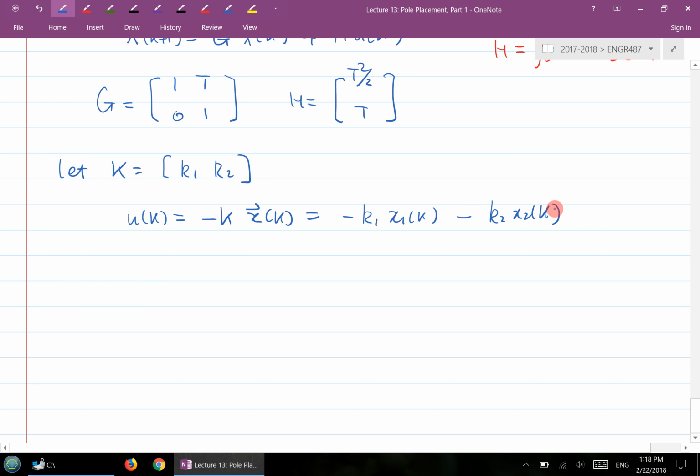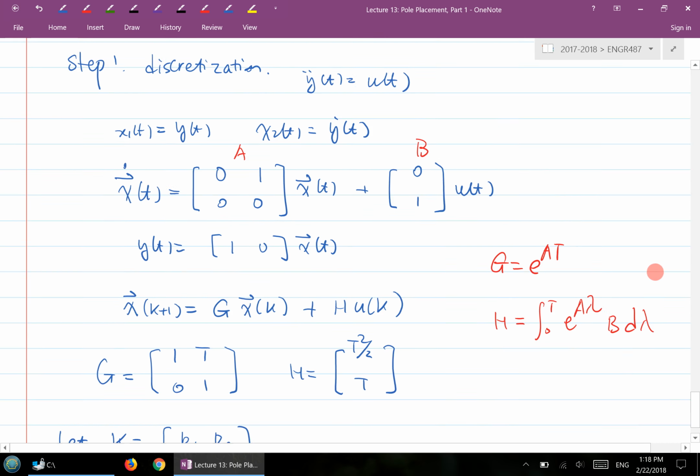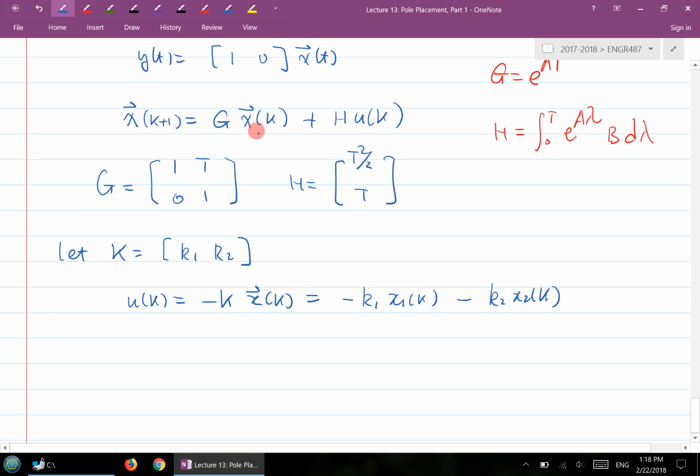Is that good? Yeah. So remember, the way we started is a very manual process. We didn't use any help in deciding on the state variables. We chose the first one as position, the second one as velocity for the continuous system. Then in the discrete system, what's the physical meaning of x1 of k and x2 of k?